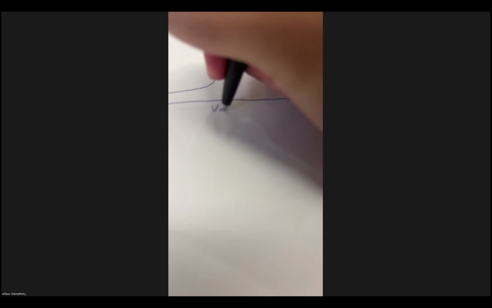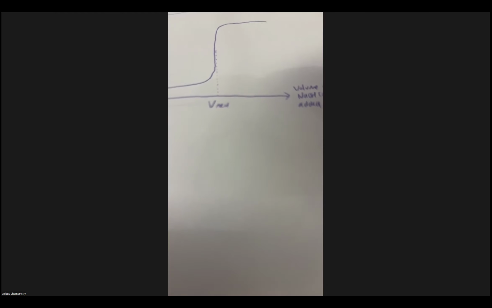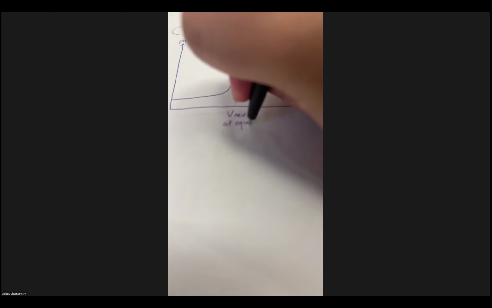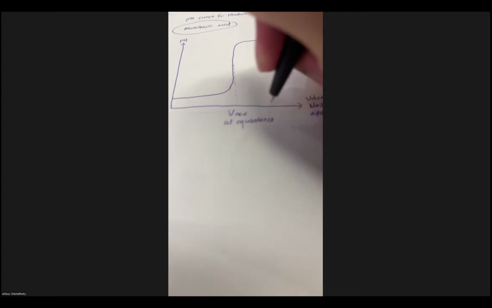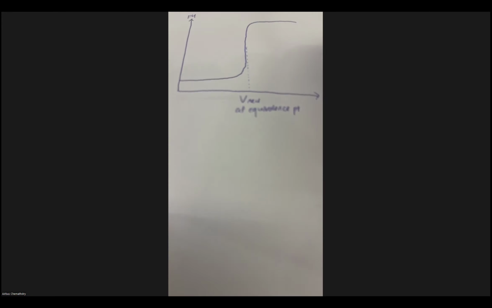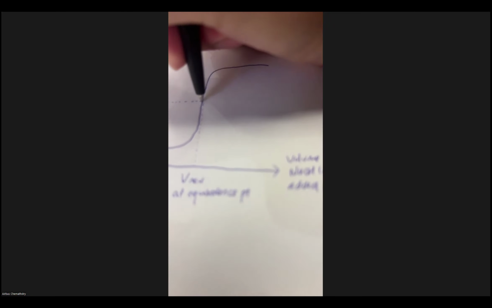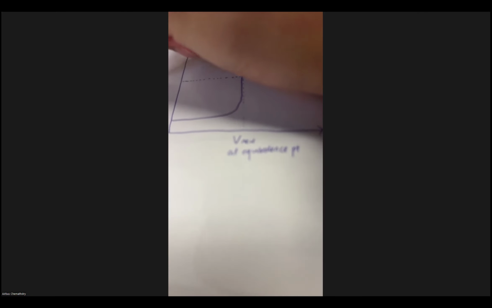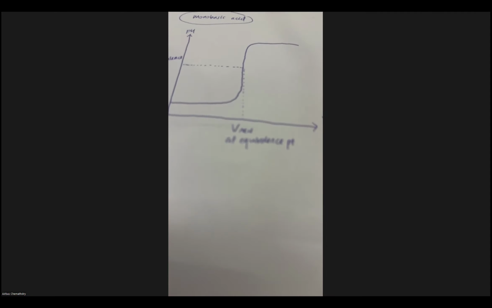Then this one here is called your volume of neutralization at the equivalence point, and of course, this is going to be your equivalence pH. All right.